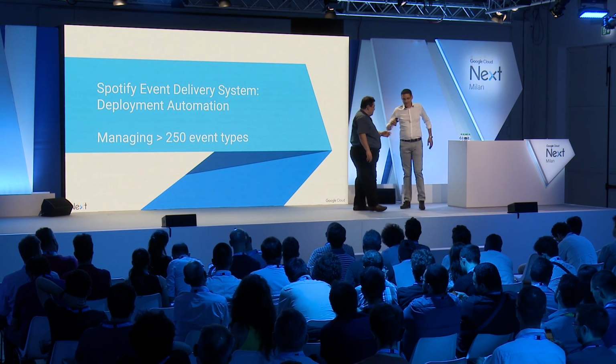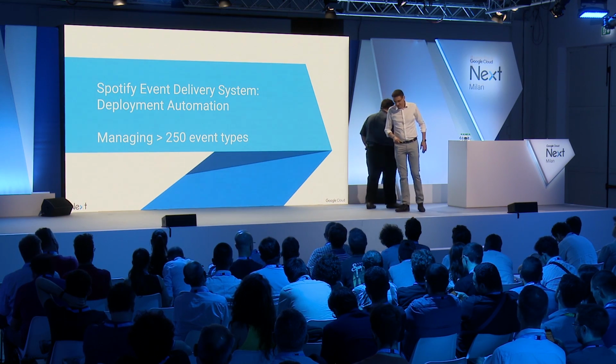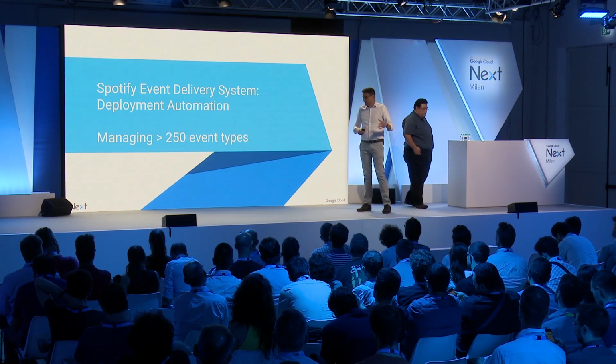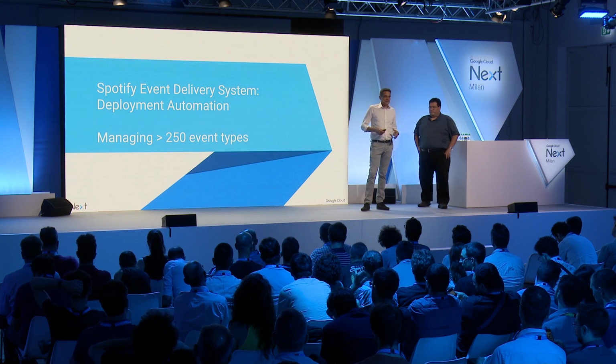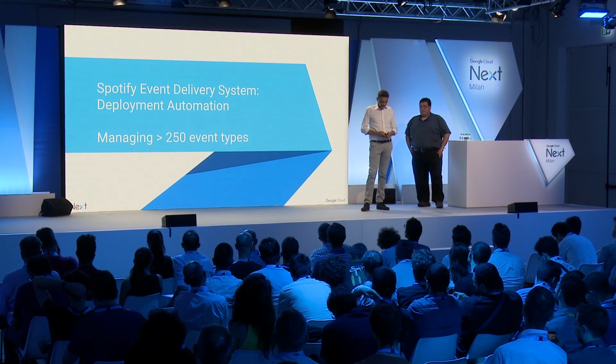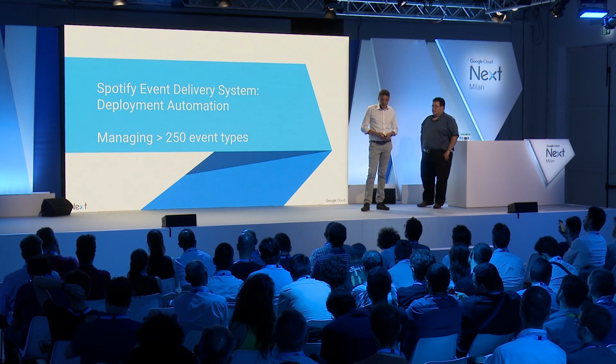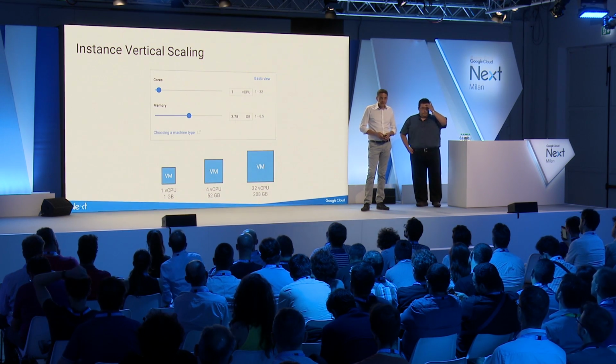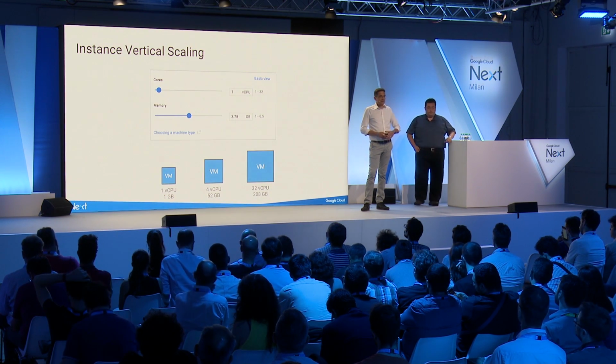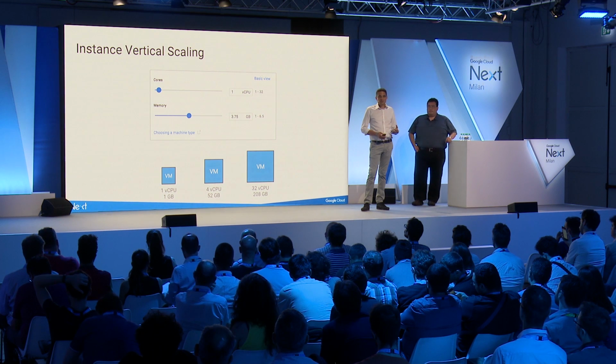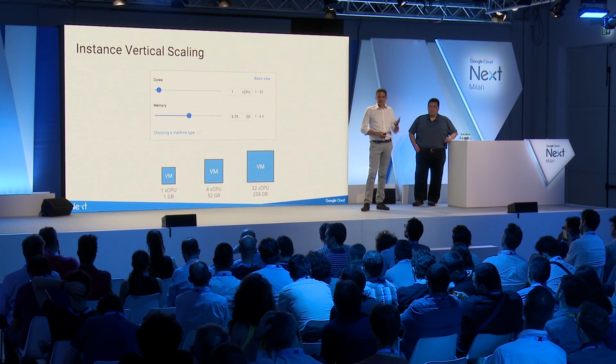So to address these scale needs, what are the services and capabilities in Google Cloud Platform? You can scale instances in a vertical way, so you can add more capacity to a single instance.